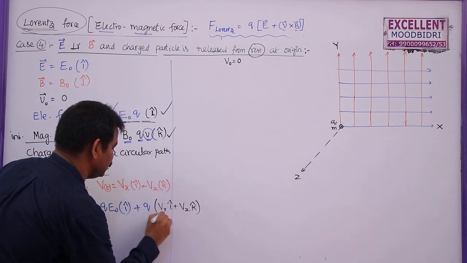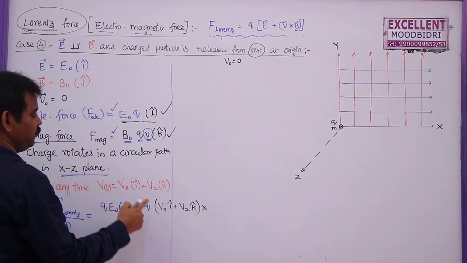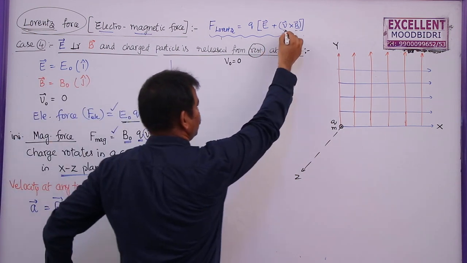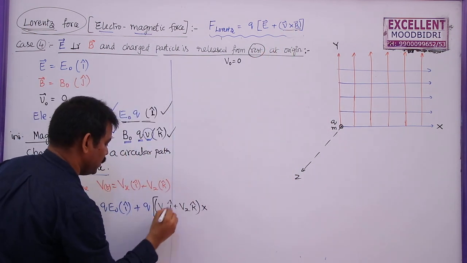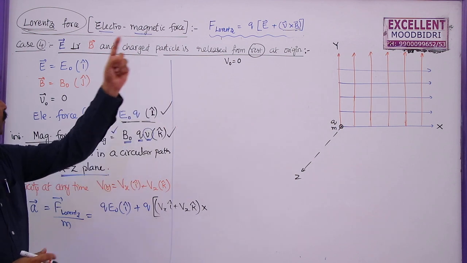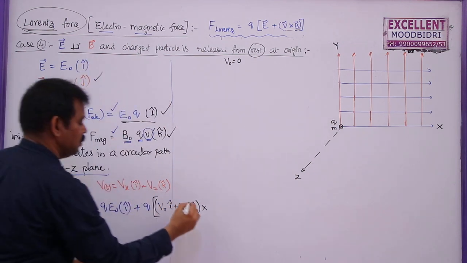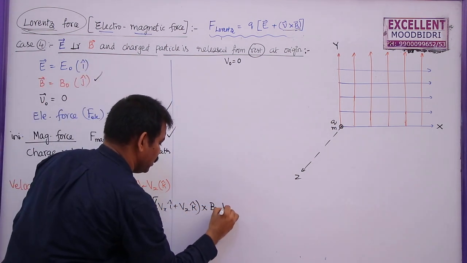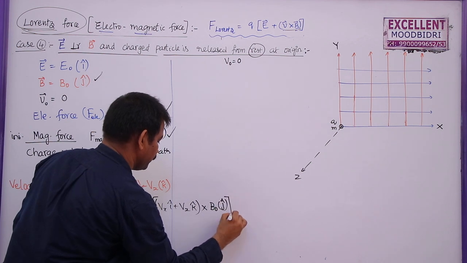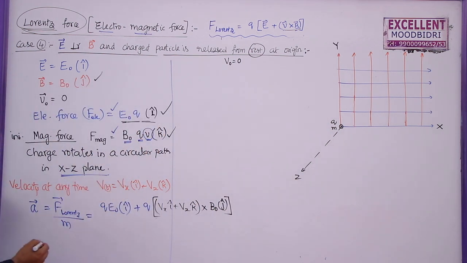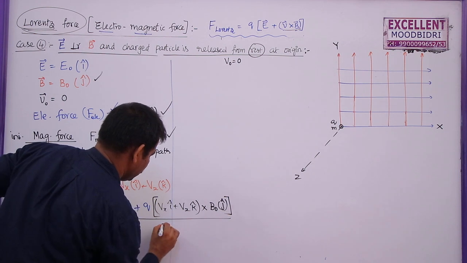This is V cross B. And what is the magnetic field here? Magnetic field is along y-axis, so I can write this as B naught j cap.